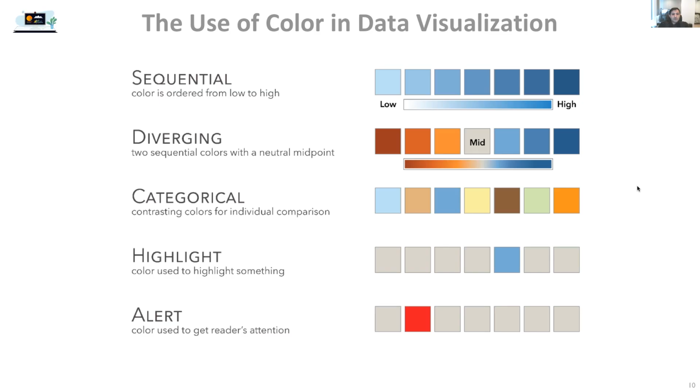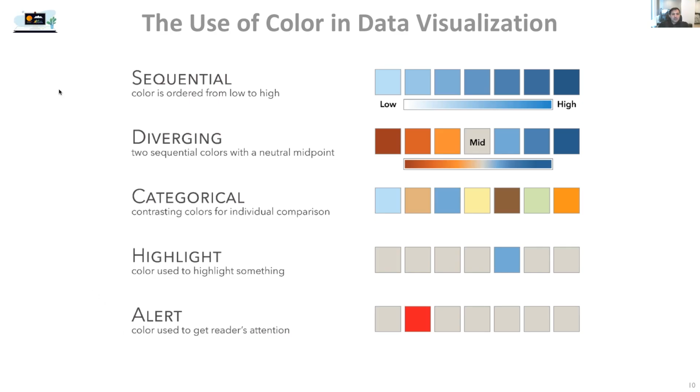The three primary ways you will use color in data visualization to encode the data are sequential, diverging, and categorical. And then there are two others that we listed, these two. They are really categorical comparisons, but there are only two colors in these two groups. Now, let's go over them one by one.